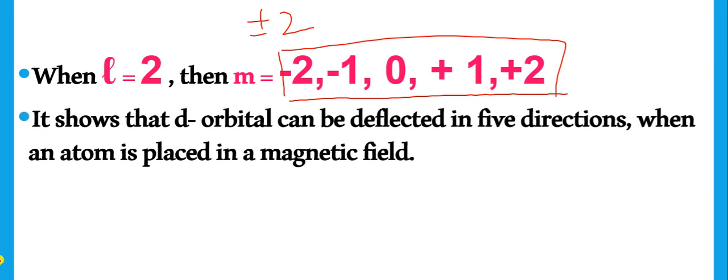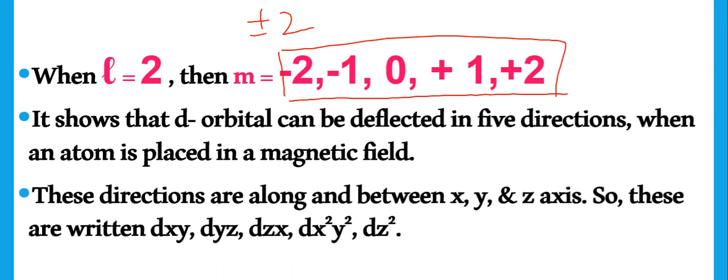It shows that the d orbital can be deflected in 5 directions when an atom is placed in a magnetic field, and these directions are along and between the x, y and z axis.